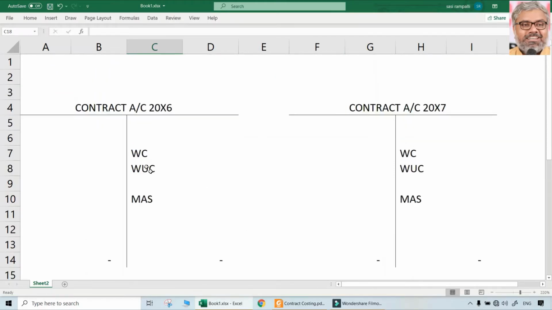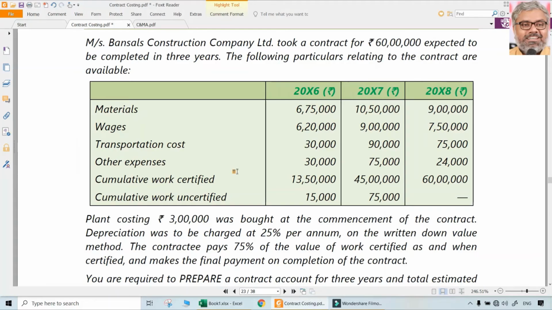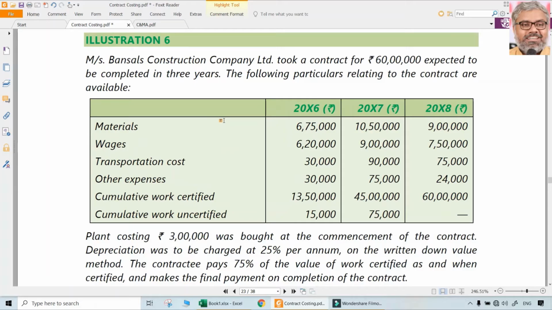So 3 years contract accounts, one after the other only, let us prepare. So start with the beginning of the 20x6.